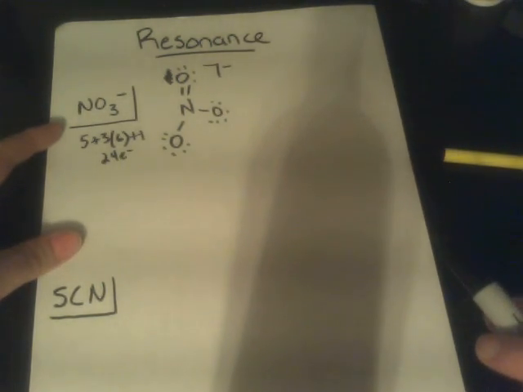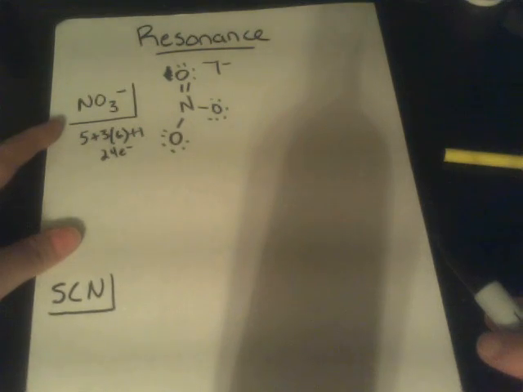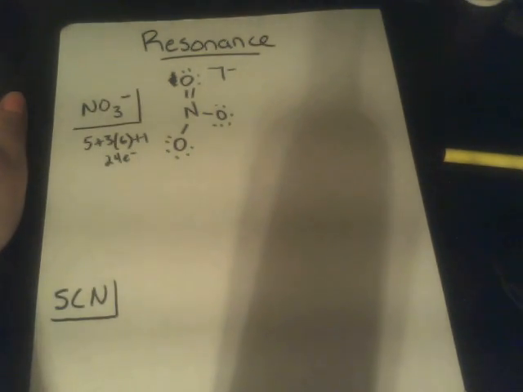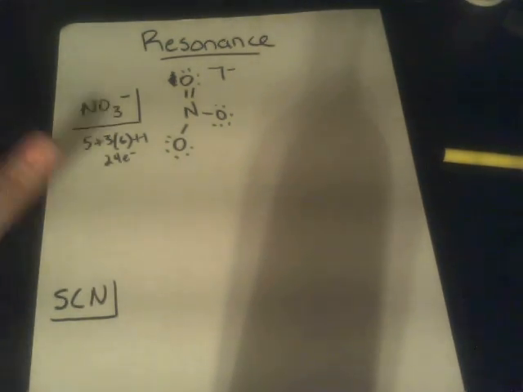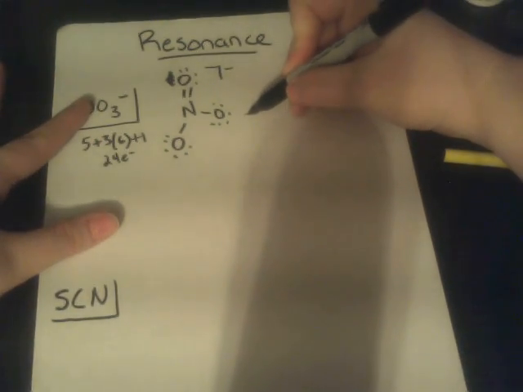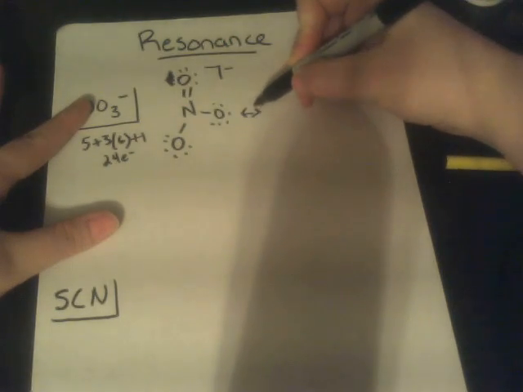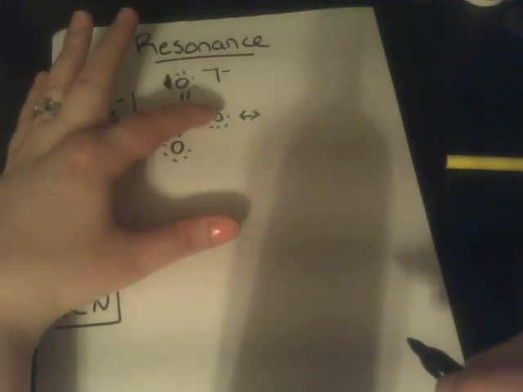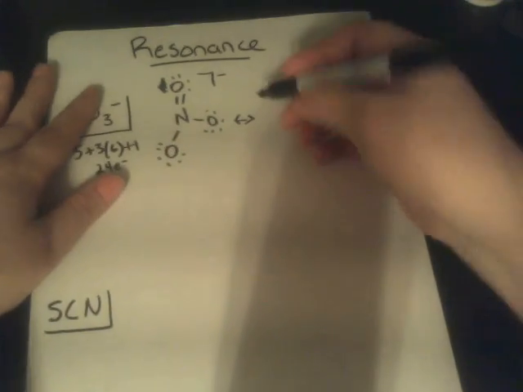All right, so let's talk about why this oxygen was so special, that it was the one that got to double bond. It's not, actually, right? On an atomic level, they're all very equal. So what you do is you represent them with double-headed arrows. And why don't we show the exact same structure, but with this oxygen double bonding?